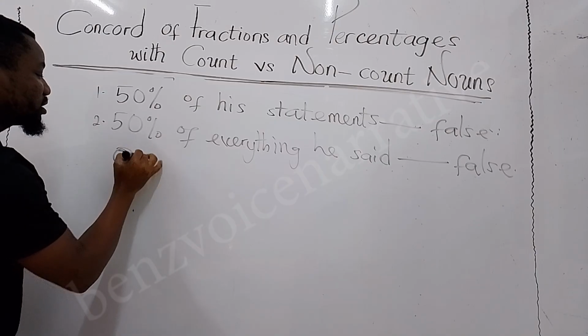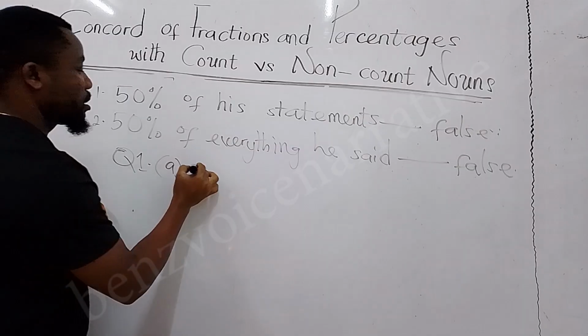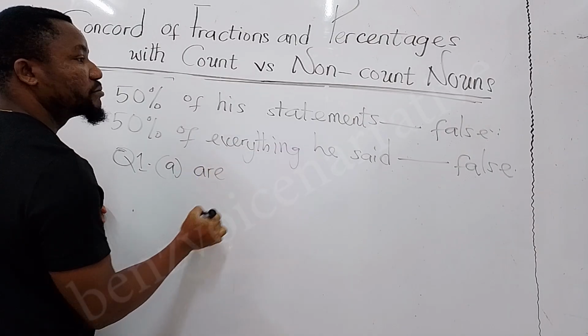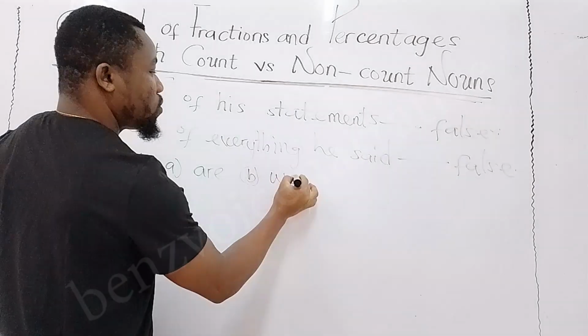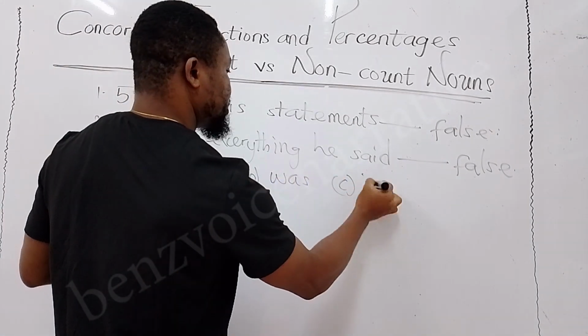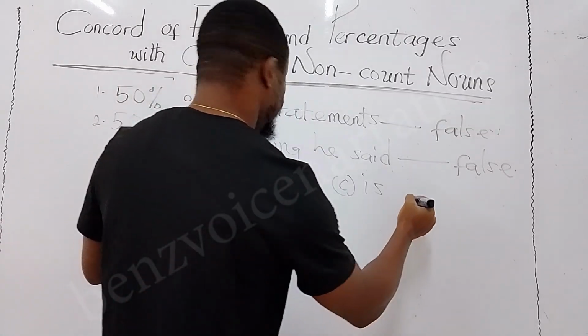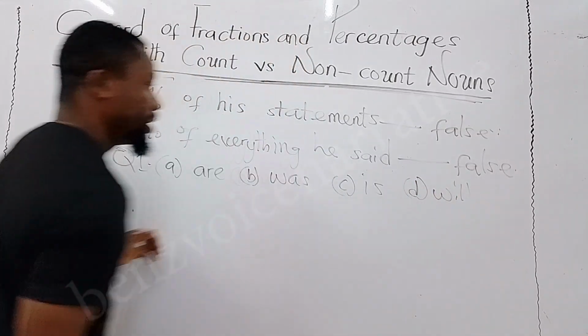Okay, question 1. For question 1, the options are, was, C, is. Let's just eliminate one of the options, will. Okay.